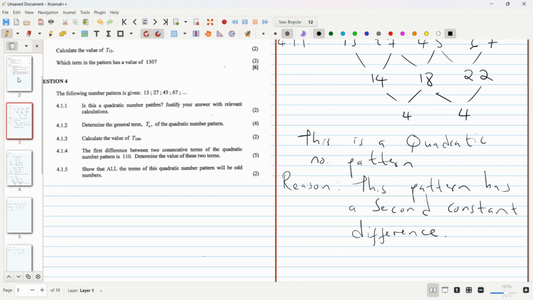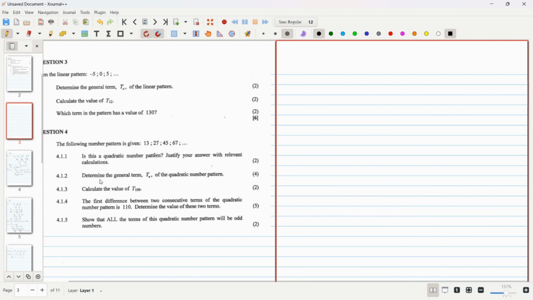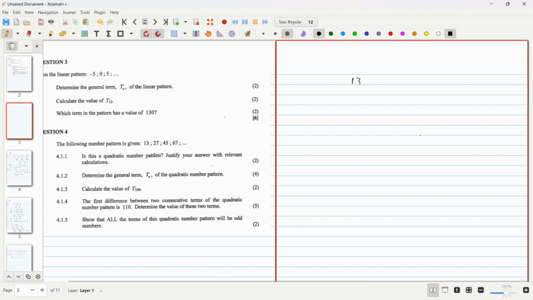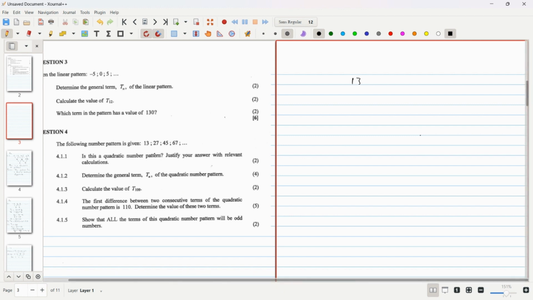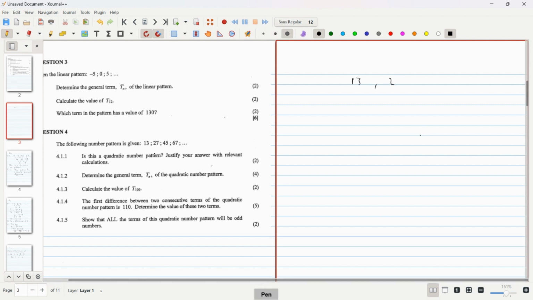Okay, and then moving forward to 4.1.2, we need to determine the general term Tn of the quadratic pattern, this one, right? So in order for us to determine the Tn of the quadratic pattern, we need to use the following step here, but this step doesn't change.